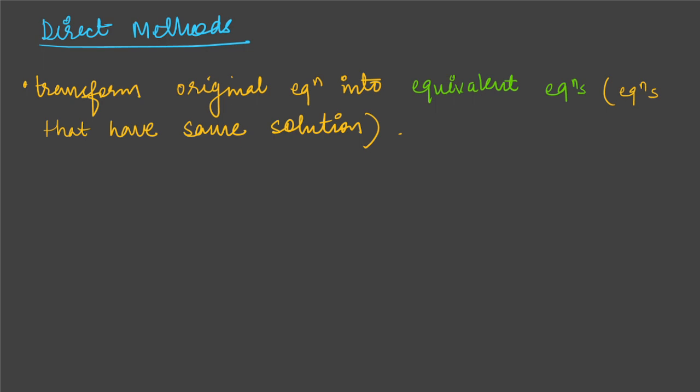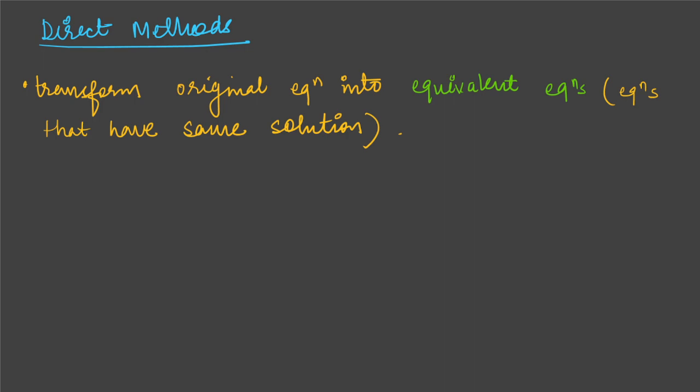Direct methods are methods which do not evaluate directly the solution of the original equations that are given. In direct methods, the process is that we convert our original equations into equivalent equations, those that have the same solution. And why are we doing this? Because it makes our job easier to find the solution.